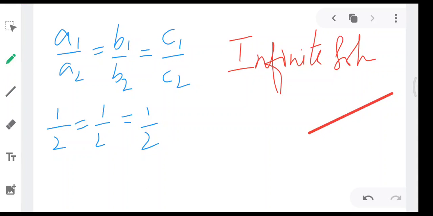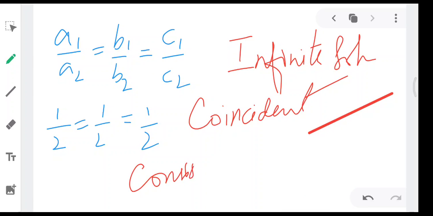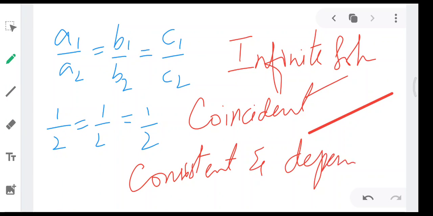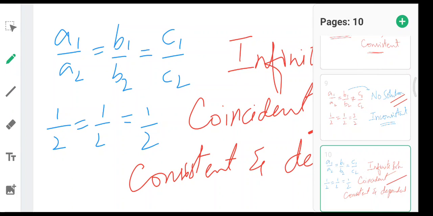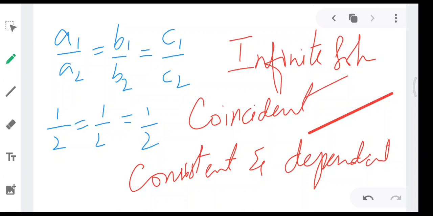So the lines are coincident, and this type of condition is consistent and dependent. So only which one is inconsistent? The second one. If the second condition comes, it is inconsistent. This is consistent and dependent.